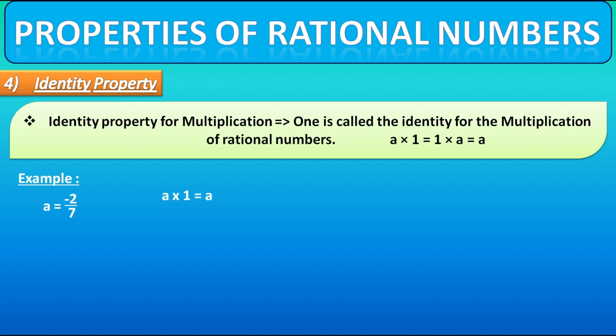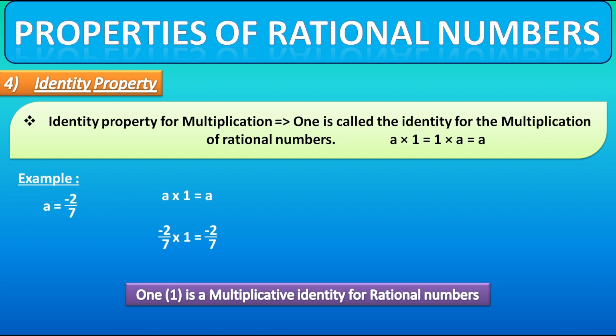Let's multiply it with 1, and you all know that whenever we multiply any rational number with a whole number, we just keep the denominator as it is and the whole number is multiplied with the numerator. So minus 2 ones are minus 2 and the 7 will remain as it is. That's why we can say that 1 is a multiplicative identity for rational numbers.